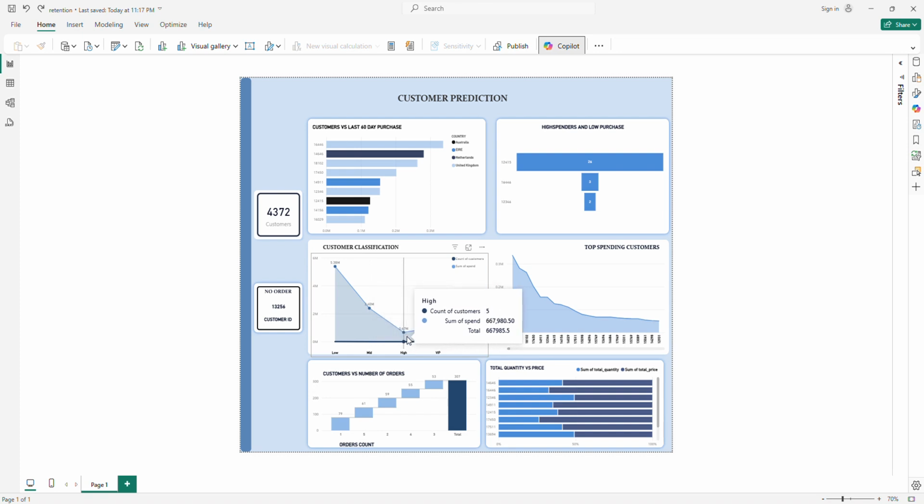Our high-level customers are just 5, and our VVIP customers, those who spent from 200,000 to 380,000, are just 4 customers. Seen by my chart, there are more customers who spent less money, followed by mid, then high, and VVIP customers.